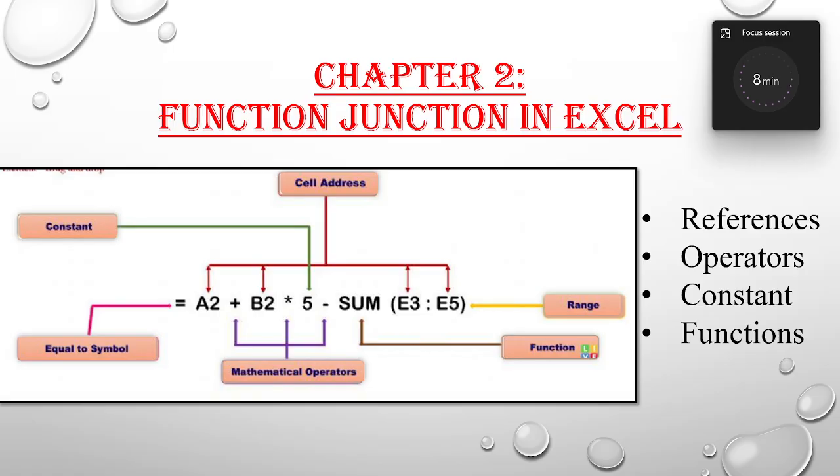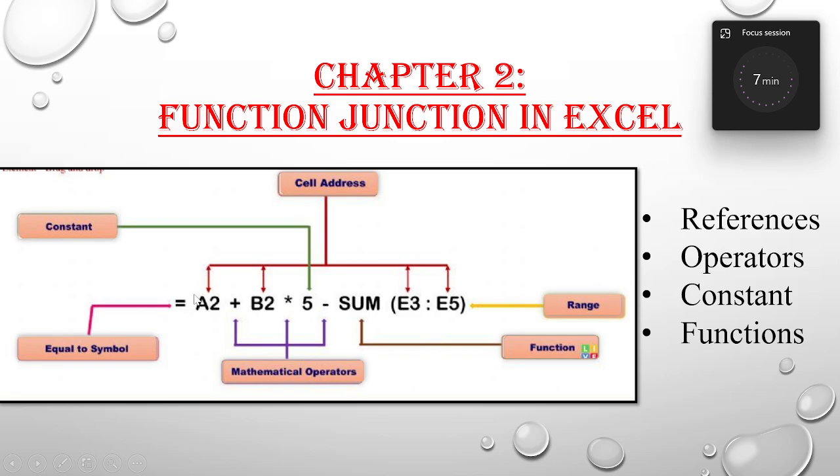So these are called the elements of a formula in an Excel sheet. This is roughly a formula that is written just to show you what different things a formula in an Excel sheet consists of. Now, talking about the first thing, the main important thing is a formula always starts with the equal symbol.